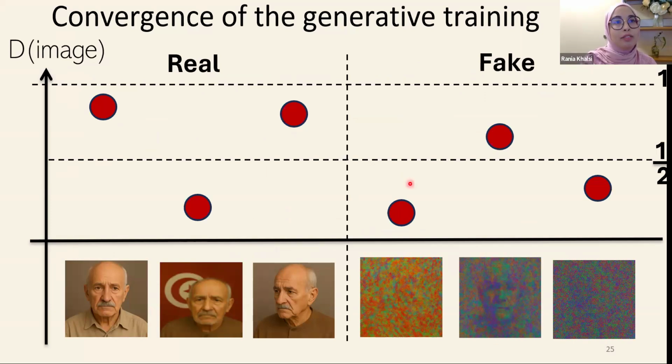What you have here are the real images. Let's say our dataset has these real images, and on the other side we have these images that are fake. The probabilities are between 0 and 1; a probability value cannot exceed 1 and cannot be negative.